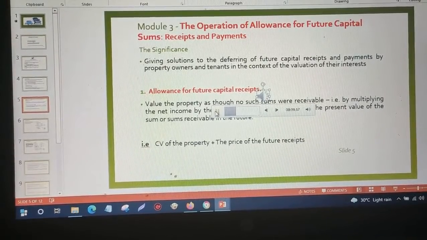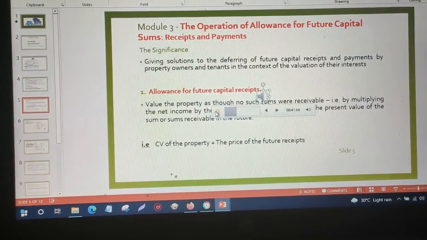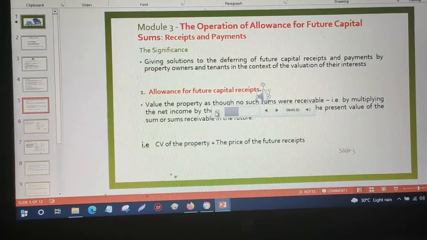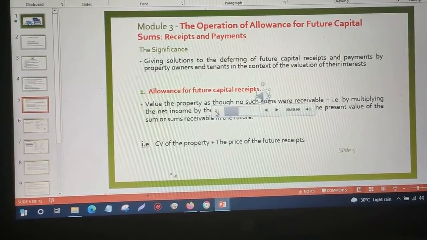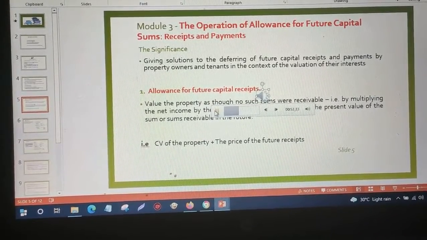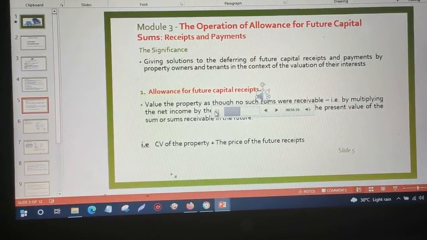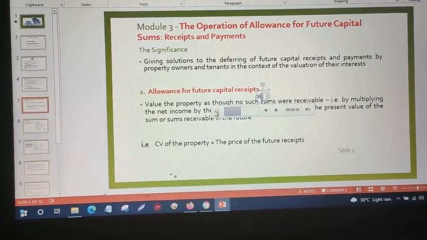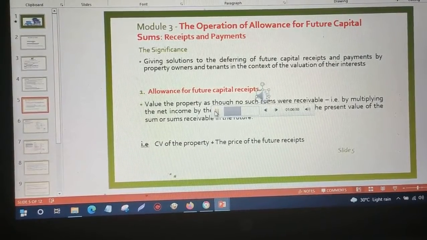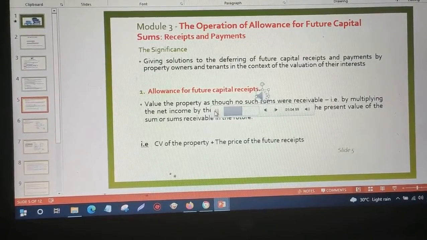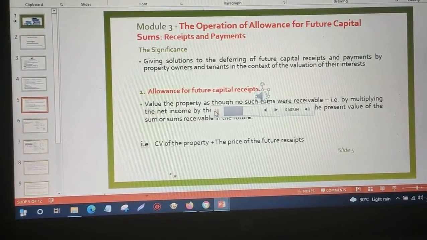So when you are confronted with a valuation like this, where you need to defer capital receipts and payments, you know exactly what to do and how to carry out the deferment. Now, allowance for future capital receipt, we start from there. Sometimes an owner of property is entitled to receive, in addition or in lieu of rent, a capital sum or series of capital sums at a future date or dates.